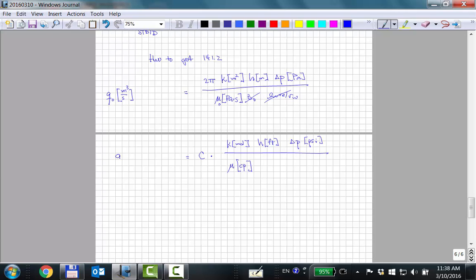And then what we want calculated out here is stock tank barrels per day. This is what we want, and this is what we have.